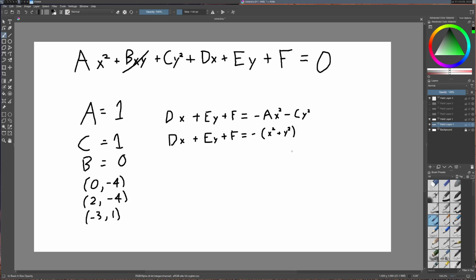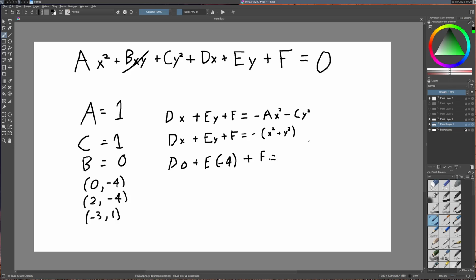Okay, now all that's left is we plug in the x and y values into each of these. So we'd get something like d times 0 plus e times negative 4 plus f times 1, because there's not really an xy behind that, and y equals 0.